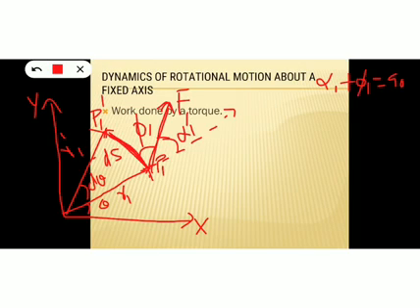Therefore, phi 1 is equal to 90 minus alpha 1, and we require this expression in the coming sessions.